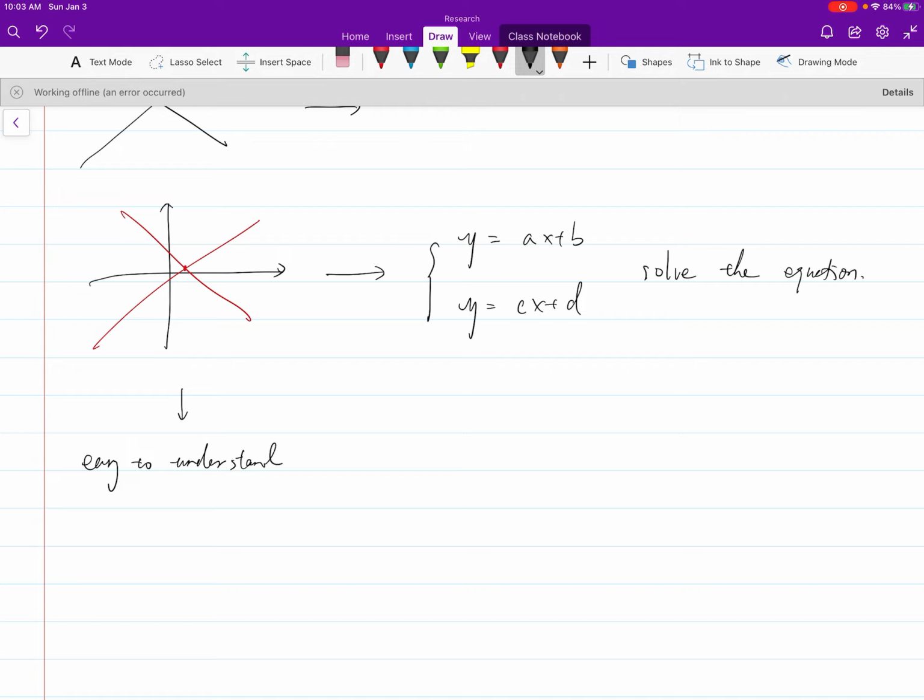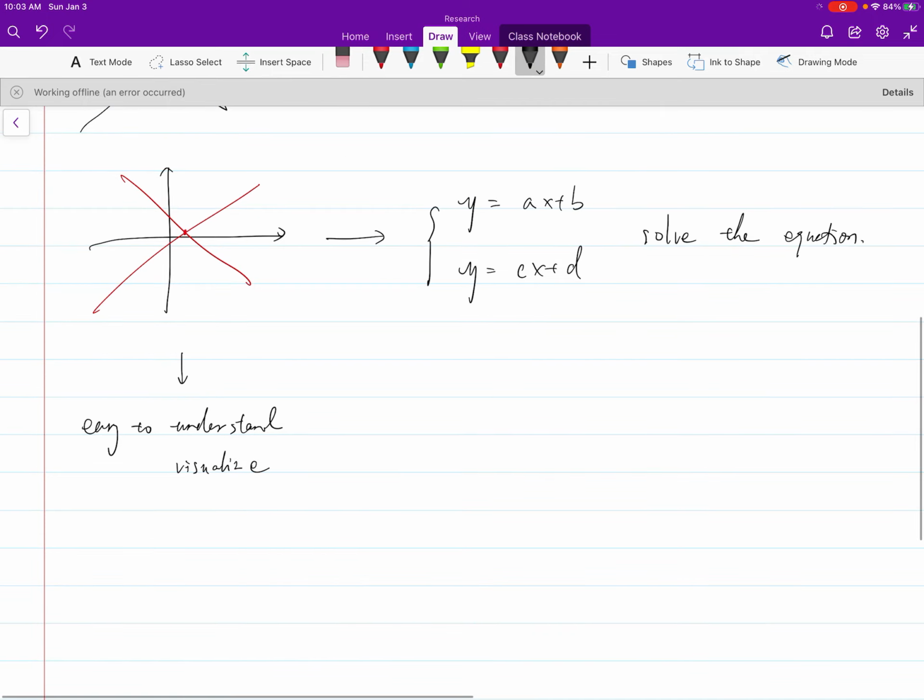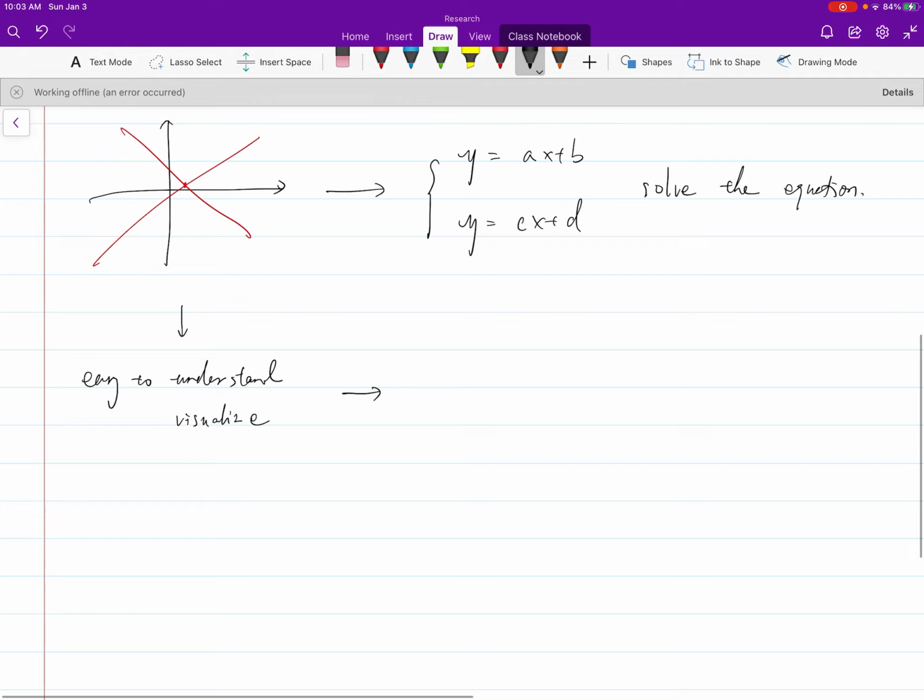Moreover, the geometry is really easy to understand and visualize. When you transform into algebra, you lose that. You just see two equations. You have no idea what they represent unless you do an additional step to think about them as lines.